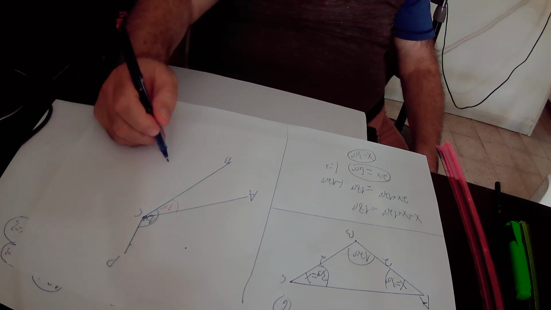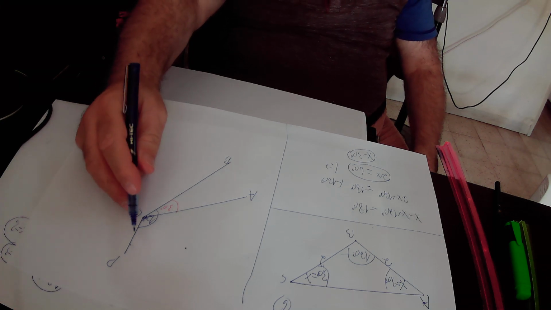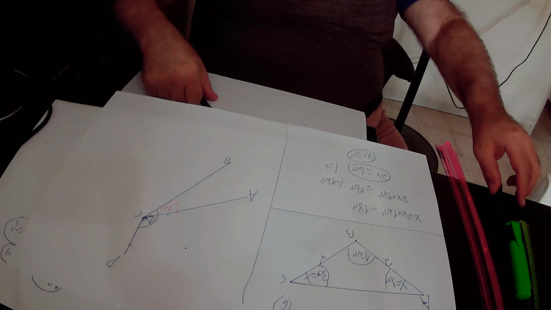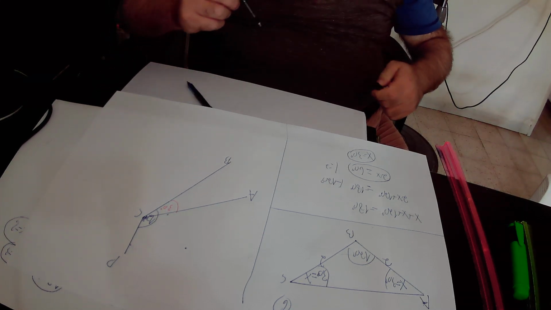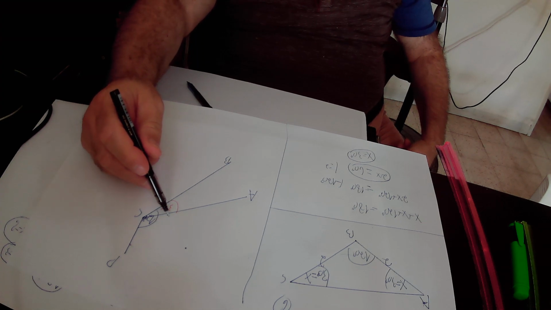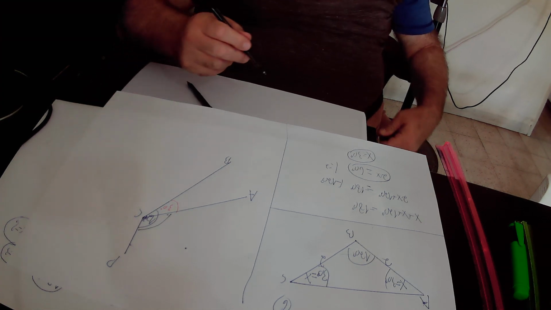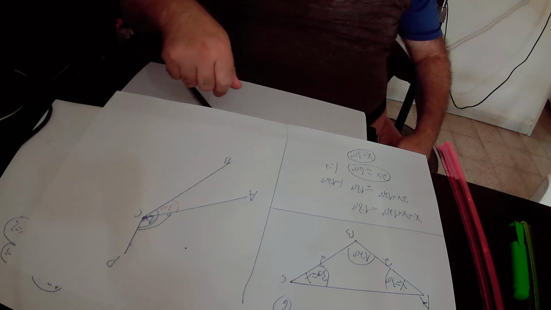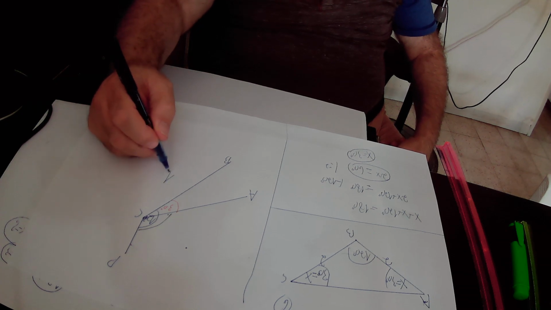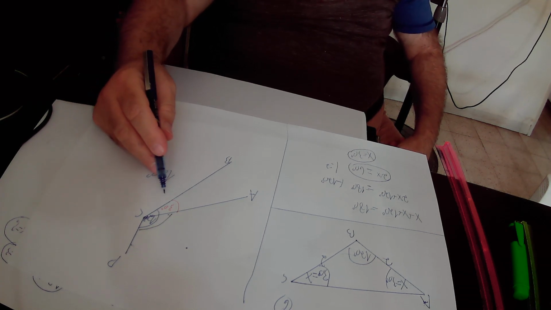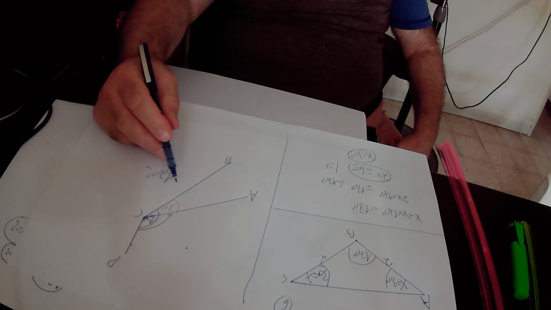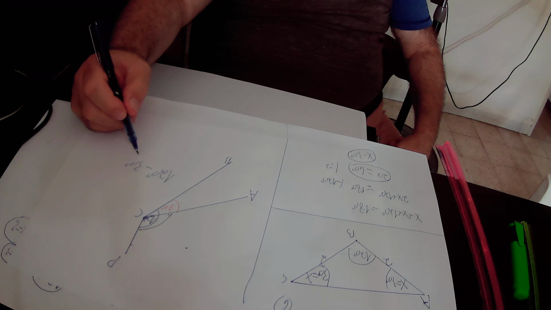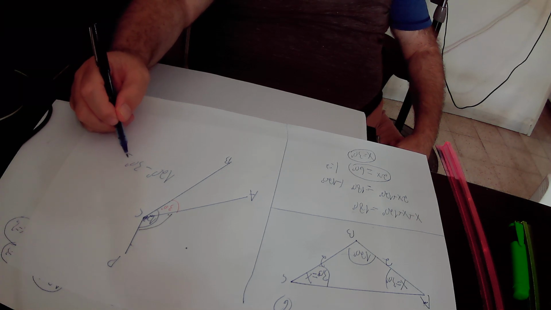Okay, so you can write down that angle PCA, the missing angle, this is the missing angle, and it is actually equal to the value of the big angle, that is 120 degrees, minus the value of angle ACB, that is 30 degrees, and 120 degrees minus 30 degrees is 90 degrees.